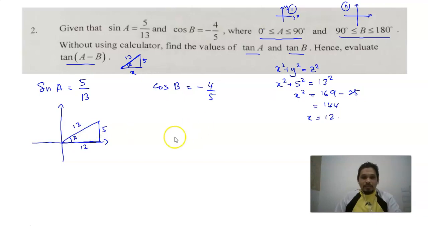Now we are going to list down the sine. Okay, what we have right now is sine A. Do we need to list down all cos and tangent?